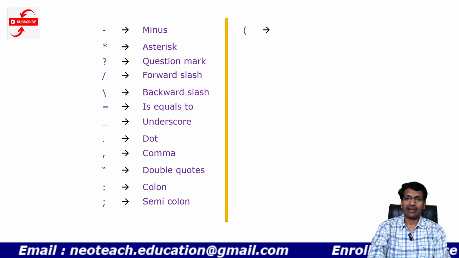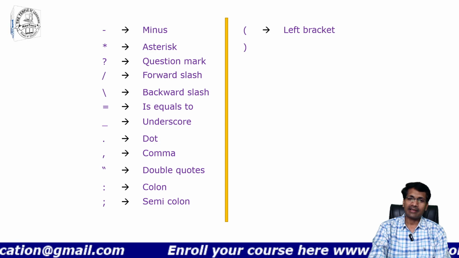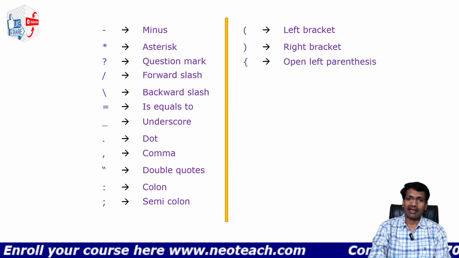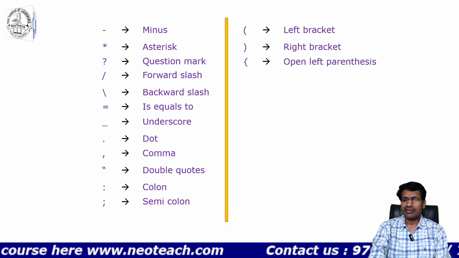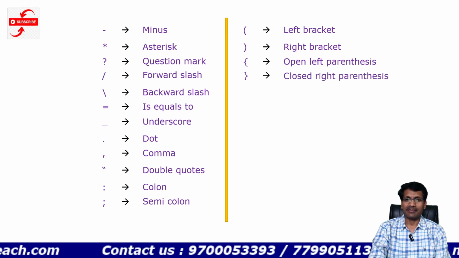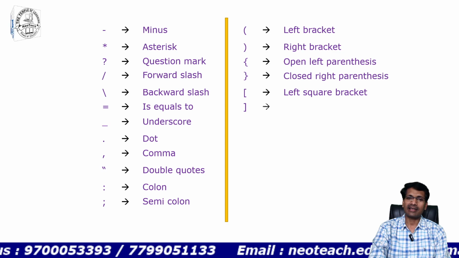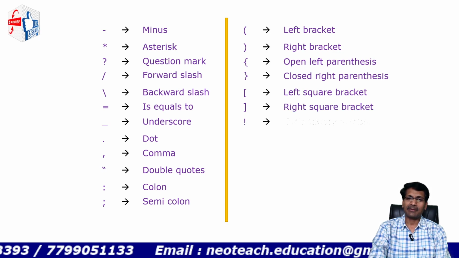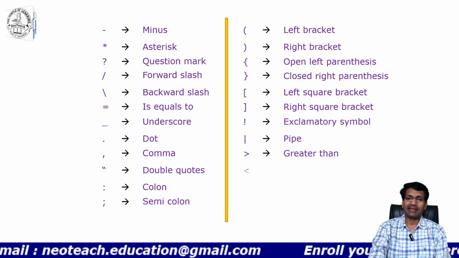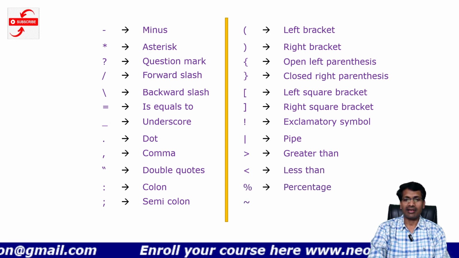Then left parenthesis, also called left bracket, right parenthesis or right bracket, and curly brackets: the opening curly bracket and the closing curly bracket. Then left square bracket and right square bracket, exclamation symbol, pipe symbol, greater than symbol, less than symbol, percentage symbol, and tilde symbol.